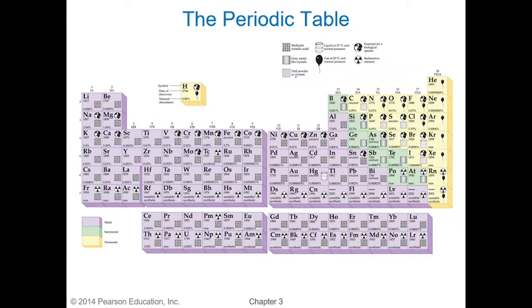Ito kasi, itong si hydrogen dapat nandito siya. Nandito siya. So siya yung tanging non-metal na nasa left side of the periodic table. Pero hindi siya metal. That is a gas. Okay, so according to the legend, our hydrogen is gaseous.